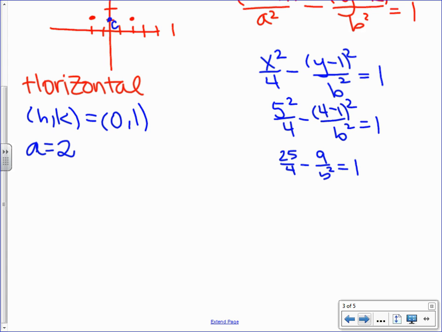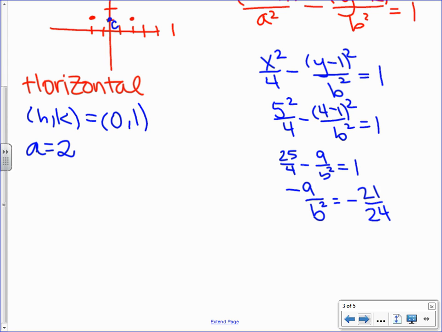What do we do now? Okay, we need to subtract 25 fourths over. So what is 1 minus 25 fourths? It would be negative, correct? Negative 21 fourths. Okay.